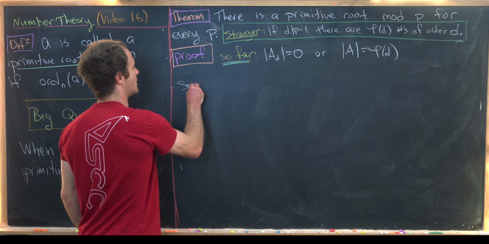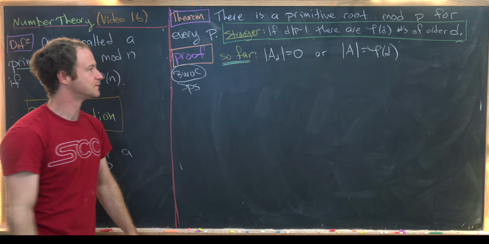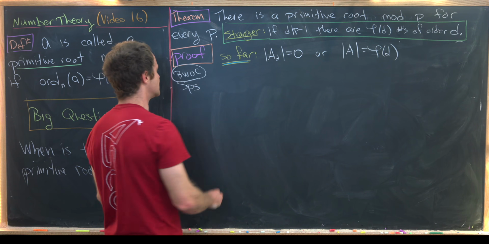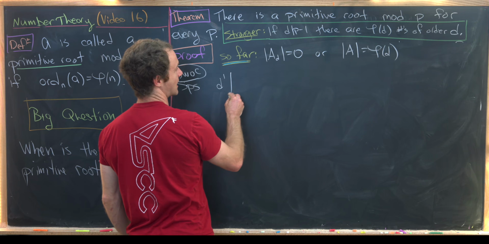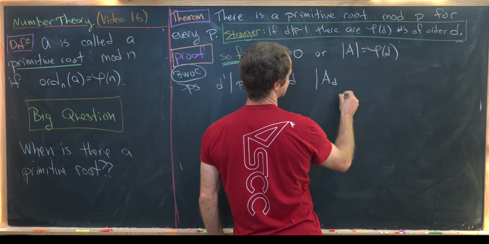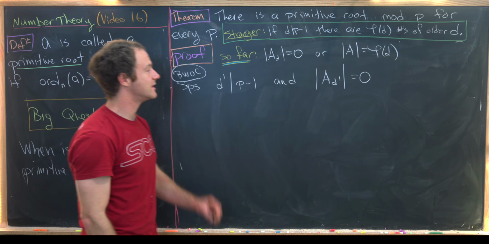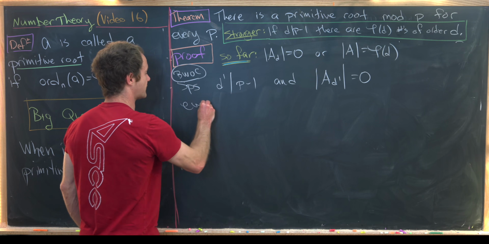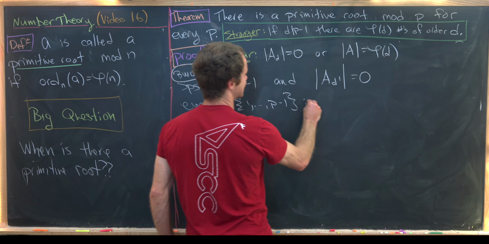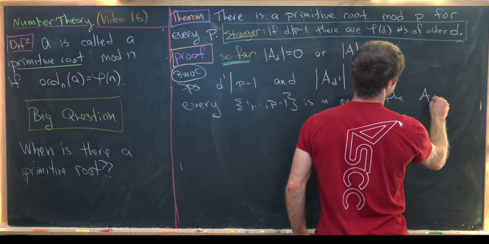Well, let's suppose otherwise. So that means we're working by way of contradiction. We're saying that it is possible to have an empty set of one of these. So in other words, let's suppose that d prime divides p minus 1 and the number of elements of order d prime is 0. But now next, we know that every number from 1 to p minus 1 is in one of the A sub d.